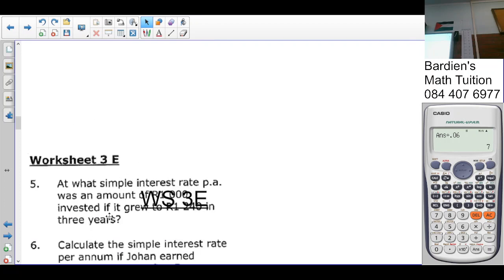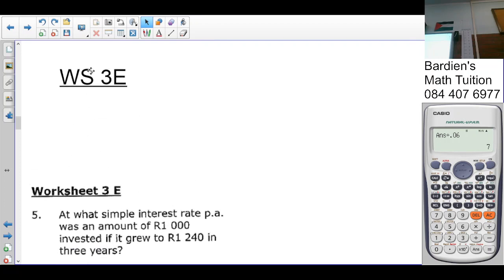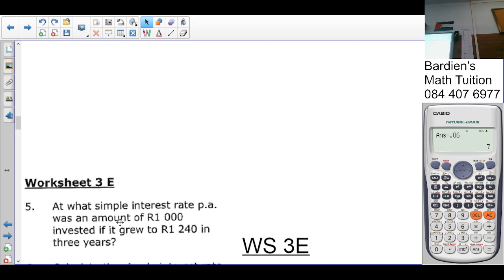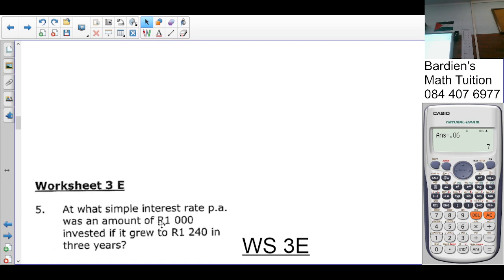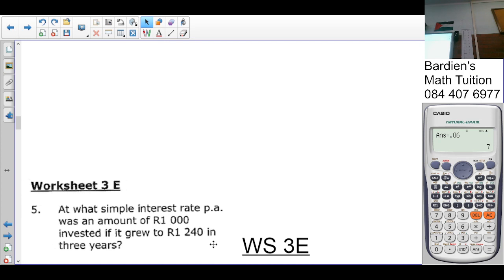Number 5. Number 5 says, at what simple interest rate per annum was an amount of 1,000 Rand invested to grow to 1,240 in 3 years' time? So what are we actually calculating here? The rate, we're calculating your R value. It grows to 1,240. So which value is this?